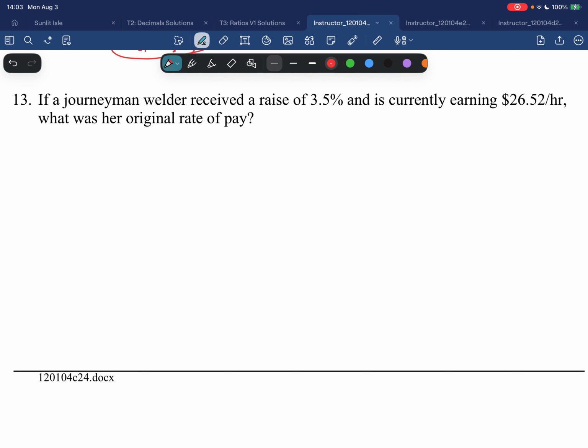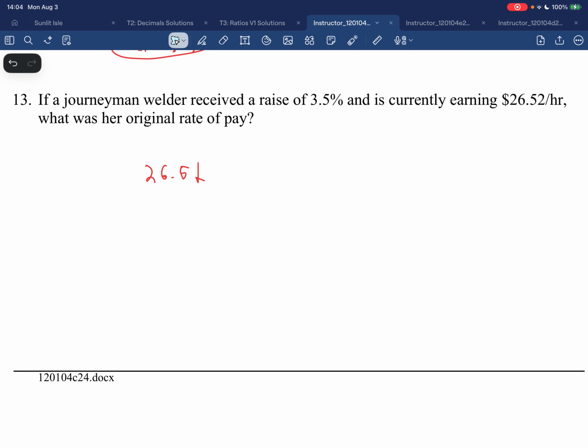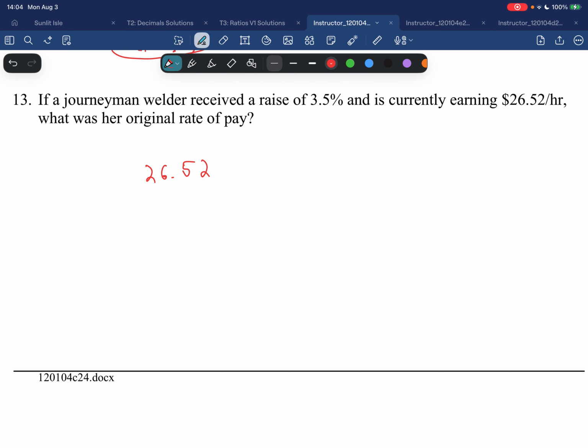Okay. So if this was the original rate of pay, I would convert 3.5% to a decimal, which is divide by 100.